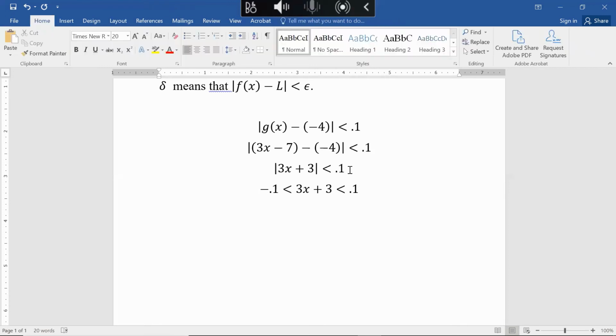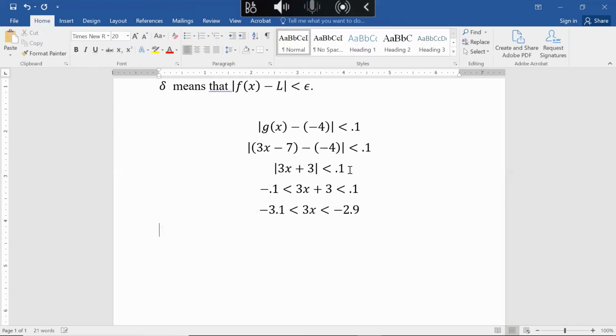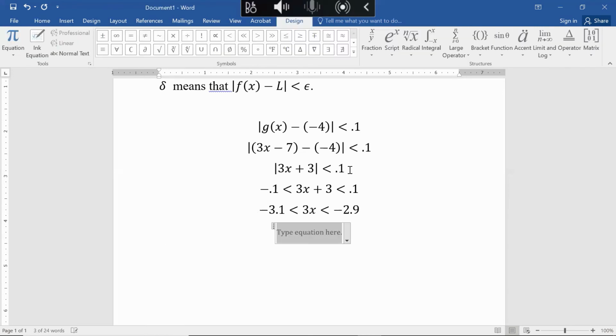Now for here, we can solve for x. So let's go ahead and solve for x. Let's subtract 3 from both sides. On the left-hand side, you have -3.1 less than 3x less than, if I subtract 3, I get -2.9. And then we can divide all three sides by 3.